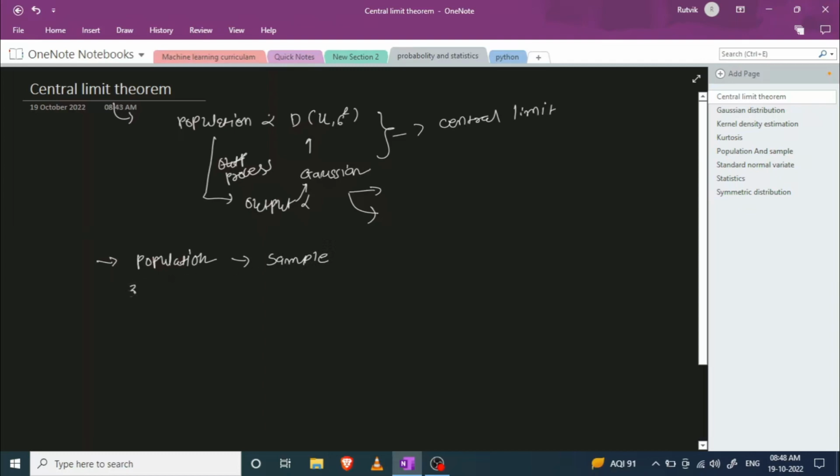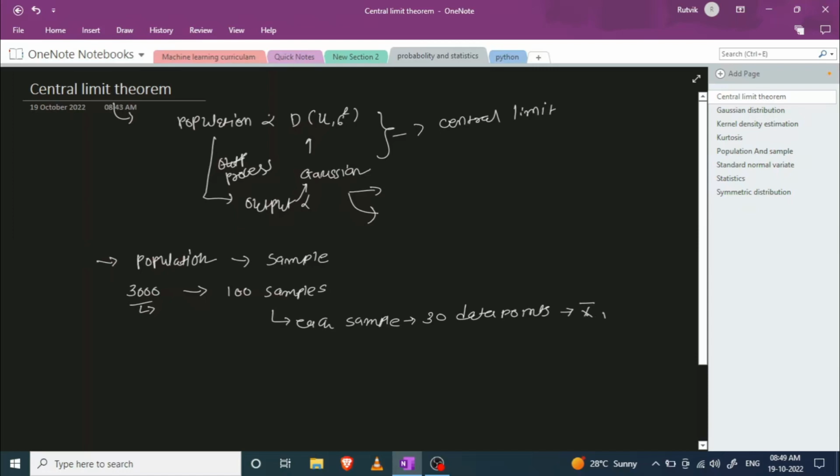Suppose I have a population with 3000 data points, and I'm going to create 100 samples from it, and each sample contains 30 data points. And I'm going to take the mean of each sample.